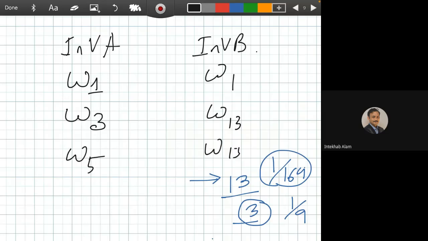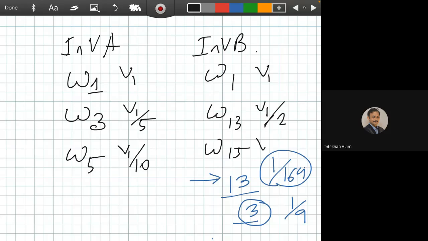Its omega 1 value is V1, its omega 3 value is V1 divided by 5, its other value is V1 divided by 10. Its omega 1 value is V1, its other value is V1 divided by 2. Its omega 5 value is V1 divided by 5. So which one is the good one? Which one is better, inverter A or inverter B?